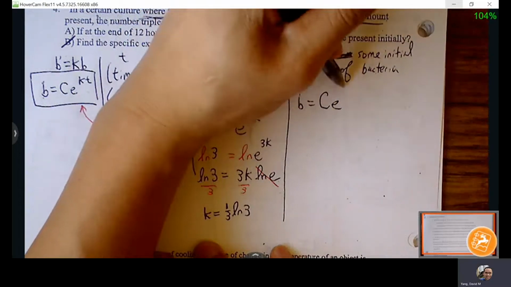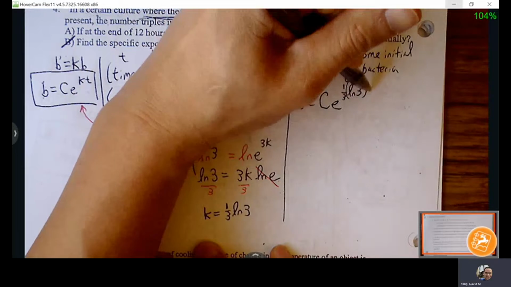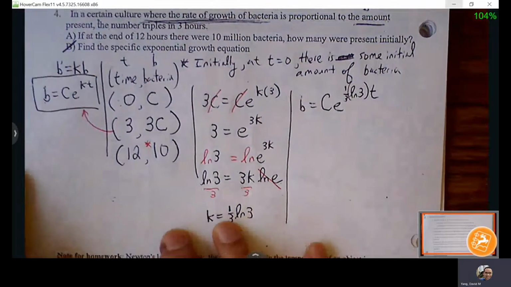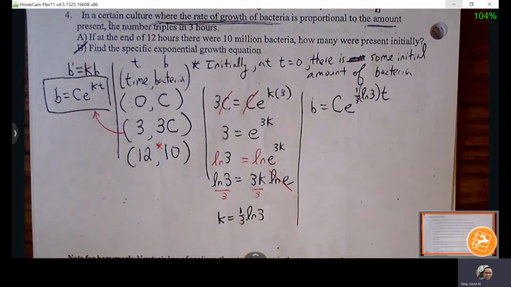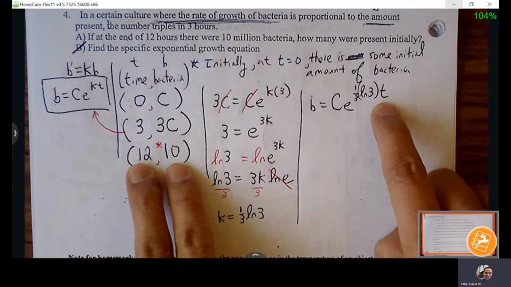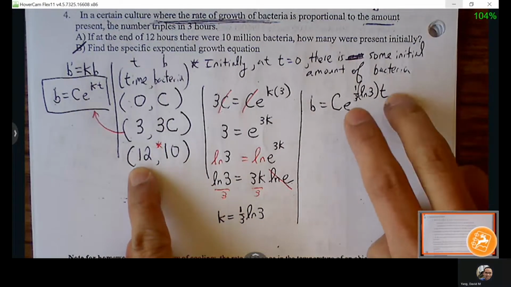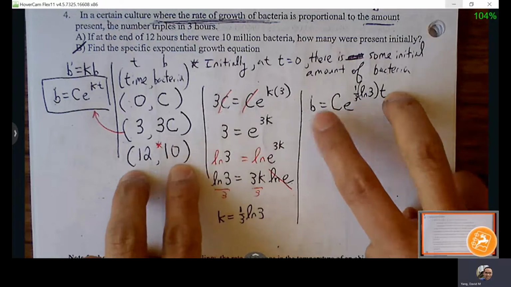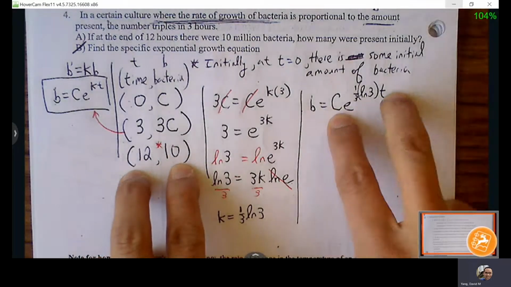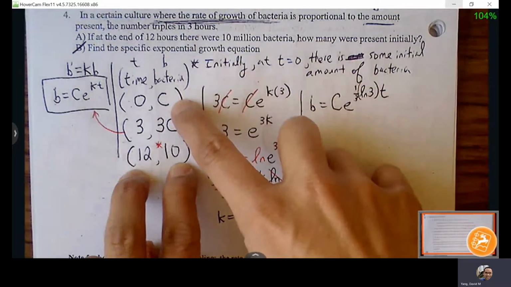I don't have the C value because that's the last thing I'm going to be able to find. So y equals C e to the 1/3 natural log of 3 times t. Now, what if I insert that third ordered pair? If I enter in 12 for t and 10 for b, that should allow me to get C being the only variable. And this should be enough for us to solve for C.